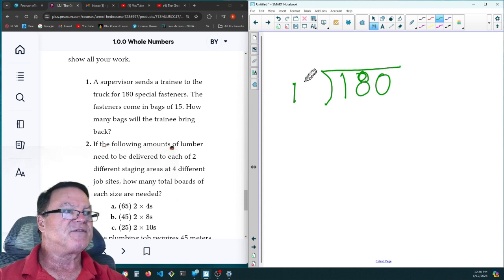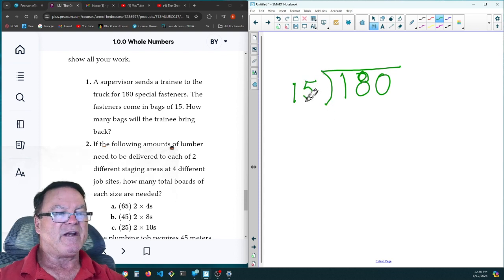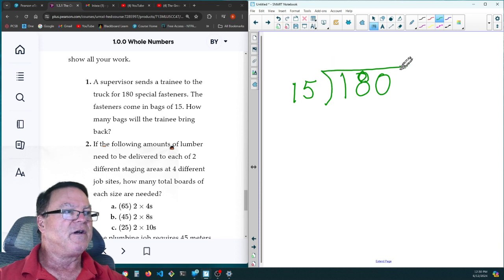Each bag contains 15 fasteners. So how many bags would we need? If we put our division bar and we put the 15, the divisor, goes into the dividend, 180.